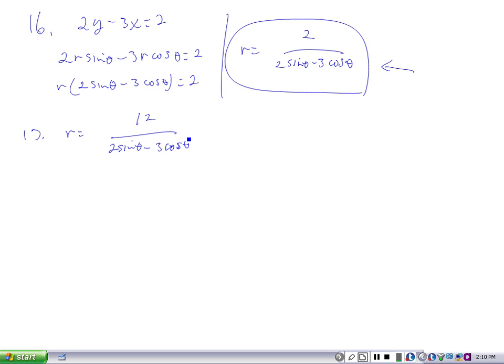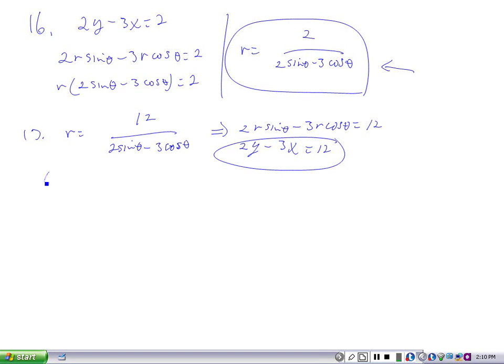So you want to convert this, graph it, but put the terms in terms of x and y. So I'm going to multiply both sides by that denominator, so I get 2r sine theta minus 3r cosine theta is equal to 12. Well, this is 2y minus 3x equal to 12.